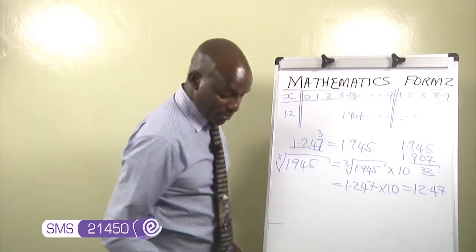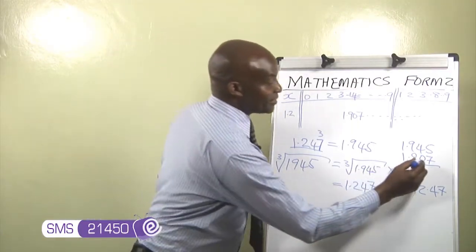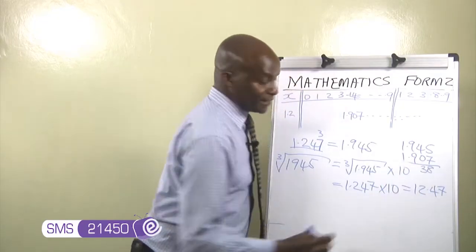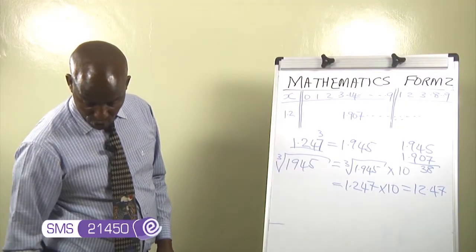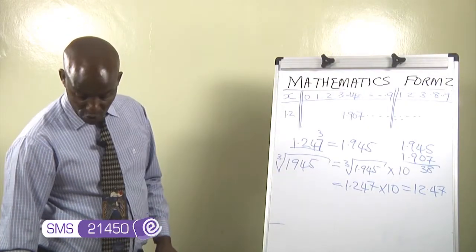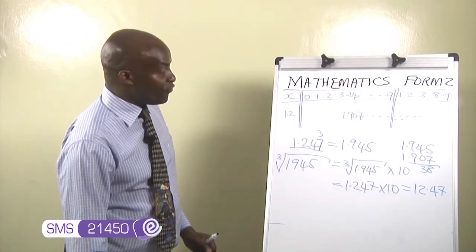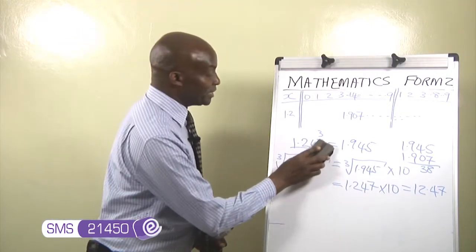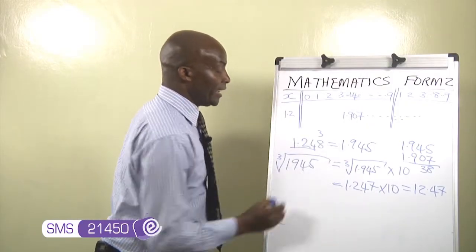Now, I would like to make a correction. This is not 32, it is actually 38, which now changes everything, because when you go to the minor columns, you find that we have 37. The difference is 37, which brings us to 1.248.